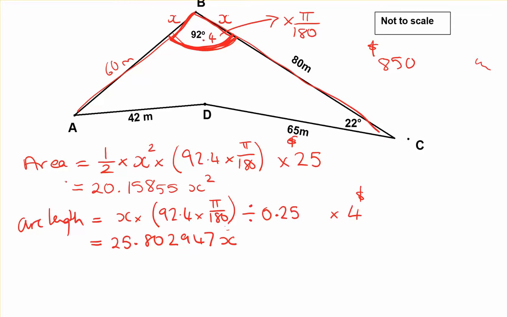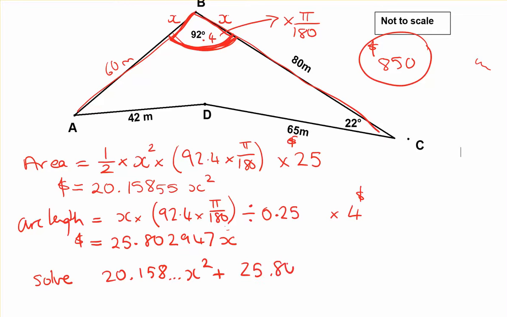Right, so that's the cost of the flower bed, the area part, that's the cost of the stones in the arc, and together those two, my budget is $850, they have to add up to $850. So what we want to solve, 20.158 x squared plus 25.802x equals 850.